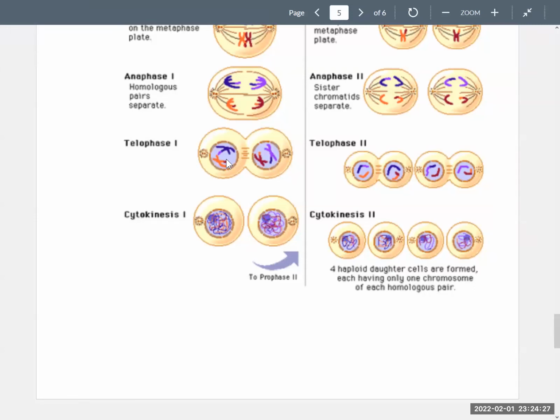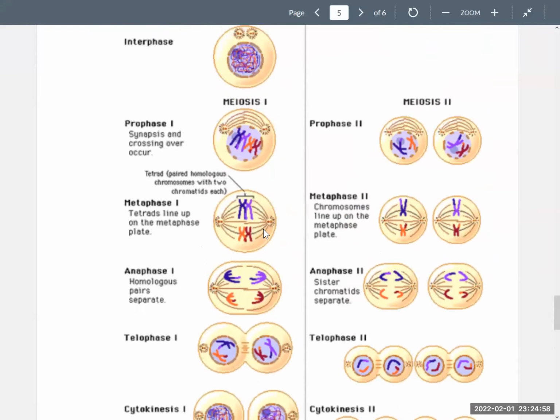That's half of the 46. These are haploid cells, also known as 1N, because they have one of the ploidy set of chromosomes. But then they will revert back to what looks like a regular cell, except recombination has occurred and there has been a reduction in the number of chromosomes.